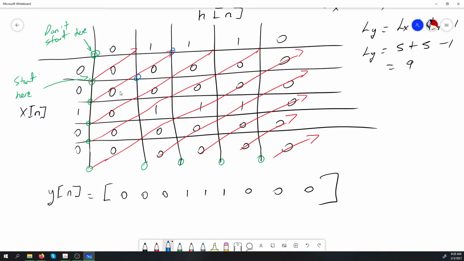For the second value, that's just 0 plus 0, which gives us a value of 0. For the third anti-diagonal, 0 plus 0 plus 0 gives us 0. For the fourth, 0 plus 1 plus 0 plus 0 gives us a value of 1. For the fifth, 0 plus 0 plus 1 plus 0 plus 0 gives us a value of 1, and so forth as we keep going.